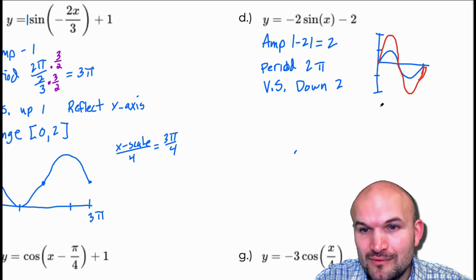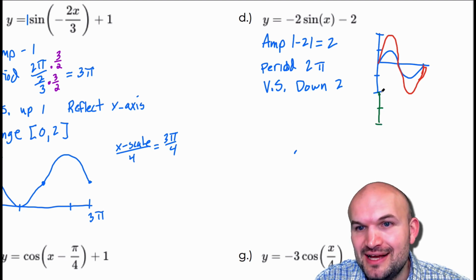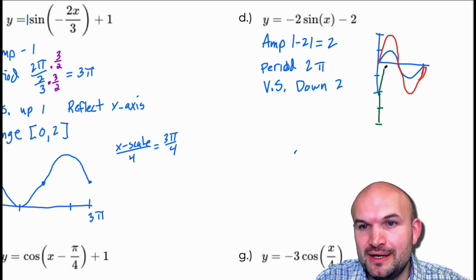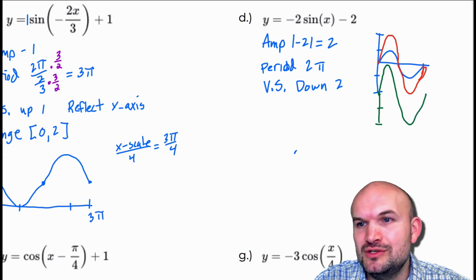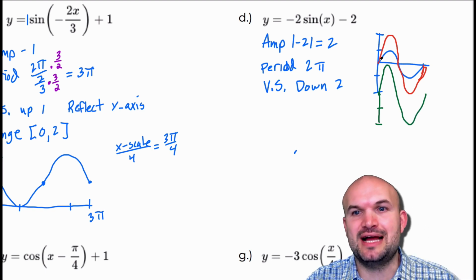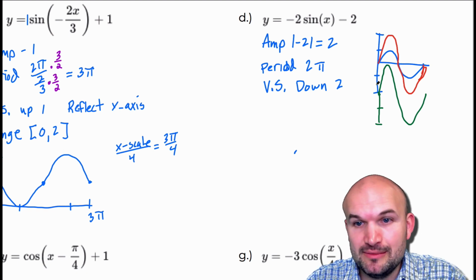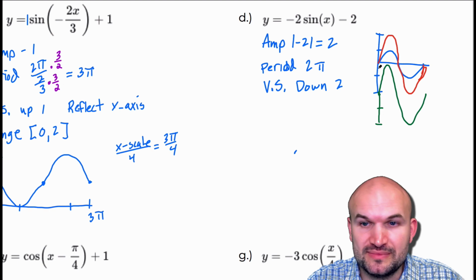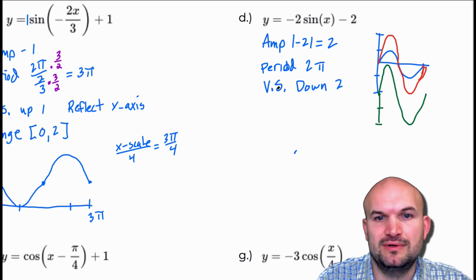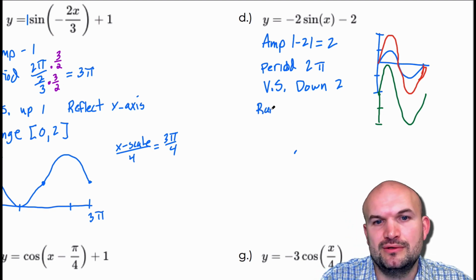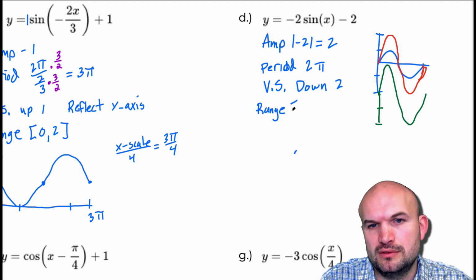So now we're basically going down 2 more units. I'm just doing this so you can see what the range is. The range is not going to be from -2 to 2. It's not going to be from -1 to 1. It's going to be from -4 to 0. So the range is going to be from -4 to 0.